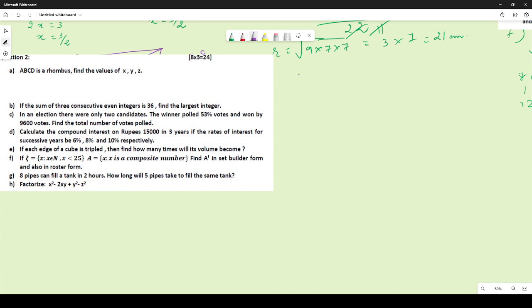The sum of 3 consecutive even integers। Now I always tell you question में छुपे हुए चोर को देखो। Here the key word was even integers, right?